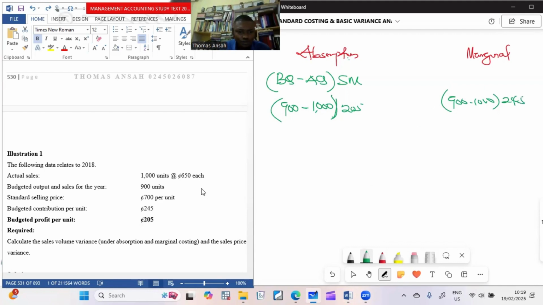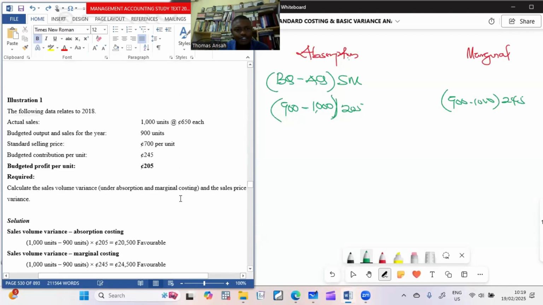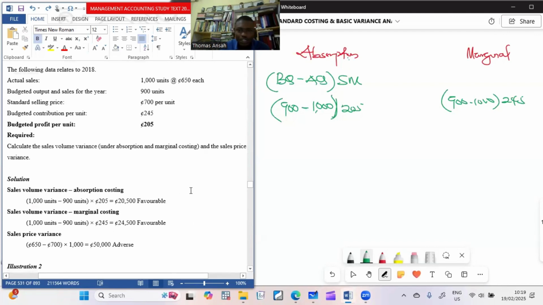So if you check, let's go up. Here I said contribution, I said profit, so you have to be careful about them. Learn it well. Here we are left with 100, and that is what you see here. So it is 20,500, and this one too you have 24,500.